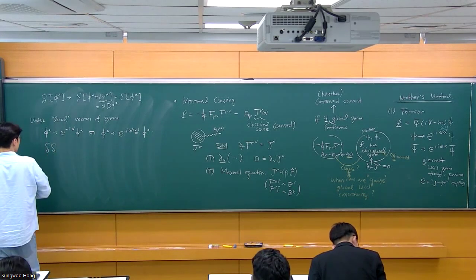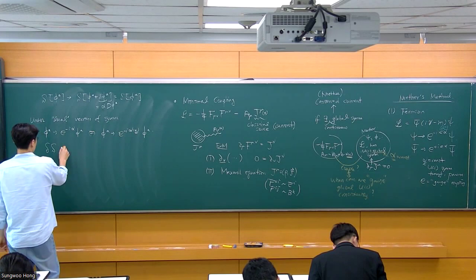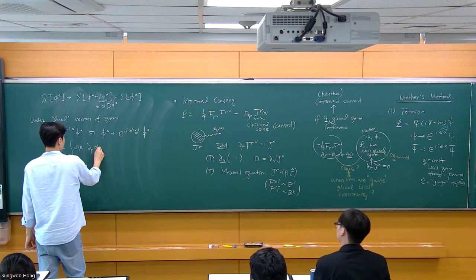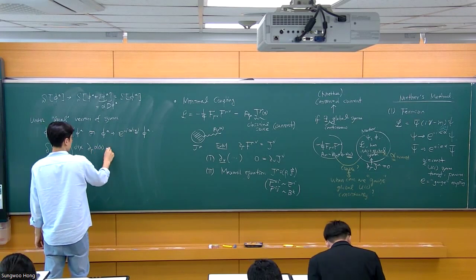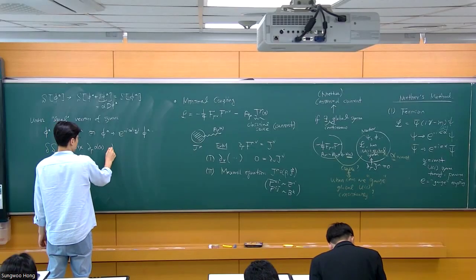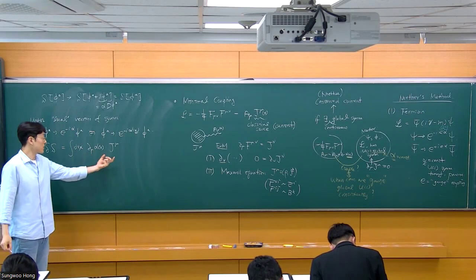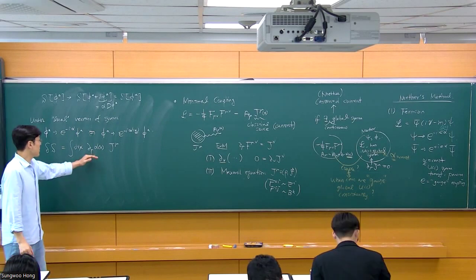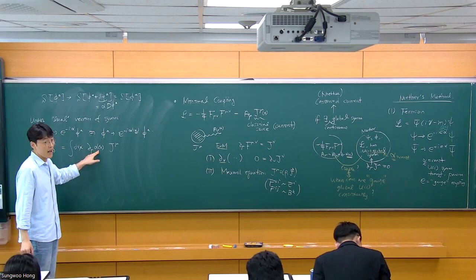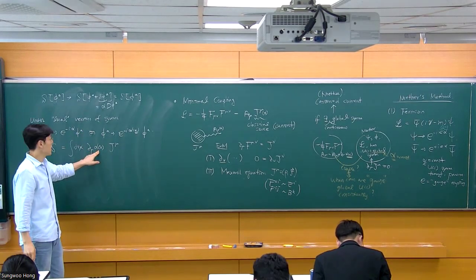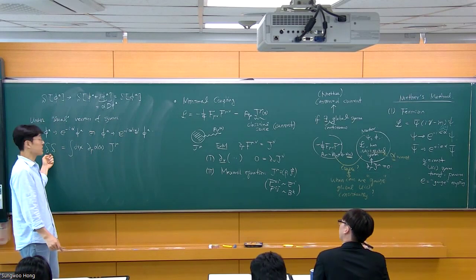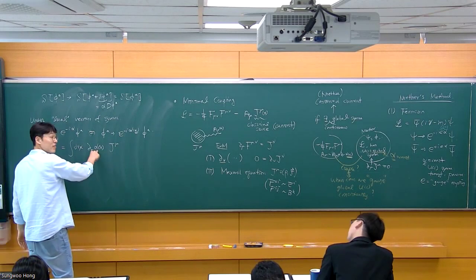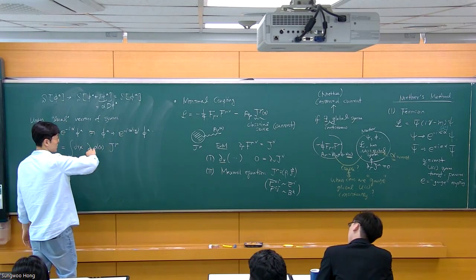The variation of the action will generically be the derivative of the parameter alpha times some quantity. I call that quantity J mu because this is a Lorentz vector; whatever it multiplies should be a Lorentz vector. You see clearly that if you take alpha to be constant in space and time, as you would for a global symmetry transformation, you go back to the result that delta S is zero, so you find the symmetry. Here I'm just writing linear in alpha, but arbitrary derivatives of the transformation parameter.